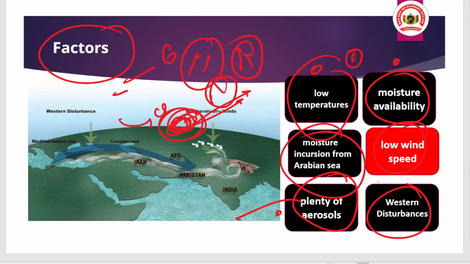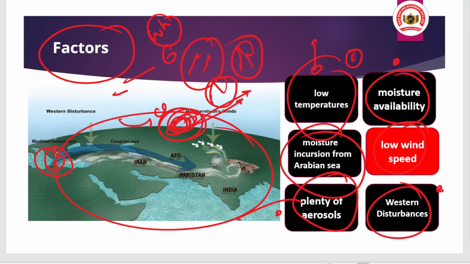The next is western disturbances. It is related to the Indian scenario. We are talking about various factors with respect to India, and if it relates to another country, maybe western disturbances will not be included. In a western disturbance, the moisture comes from the Mediterranean Sea, which at that time is warmer.